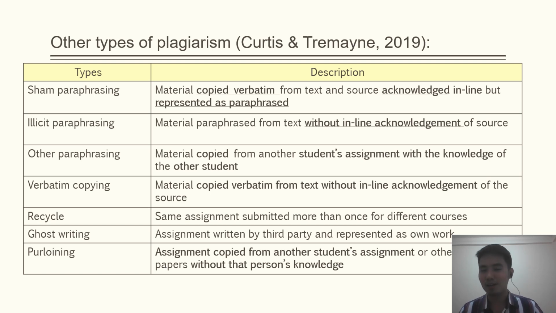Classmates who shared their output, and then, unknowingly, someone copies their output. It is a form of plagiarism. Another is verbatim copying, wherein the material is copied verbatim from a text without inline acknowledgement of the source. You copied what another author said, and of course there is still no in-text citation.